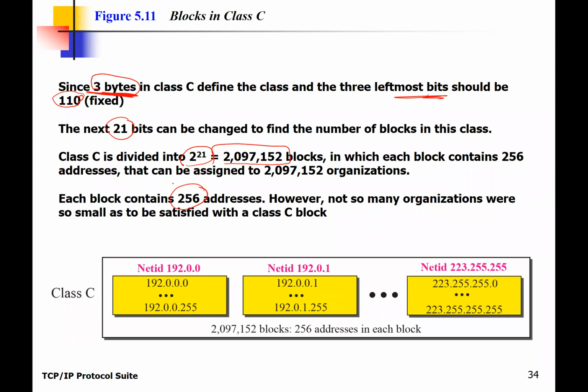We have a concept called subnetting and supernetting. What is a subnet, or subnetwork? For example, if your network is a class B, which is too big, you can divide it into small networks. All right, and that's what happens now.